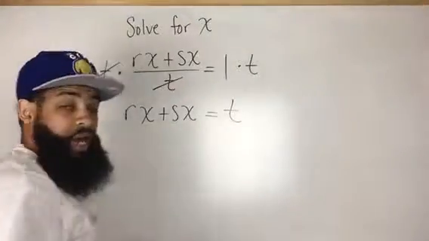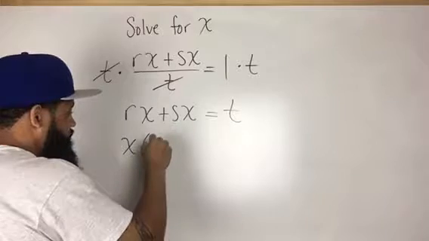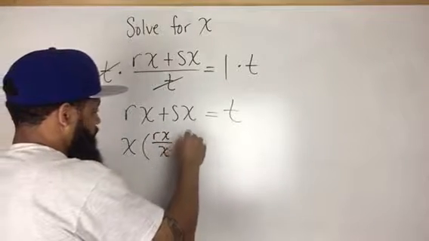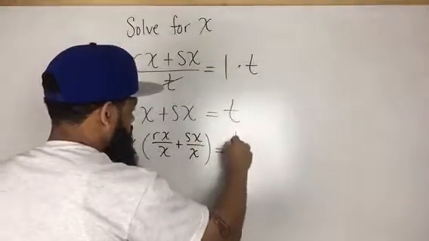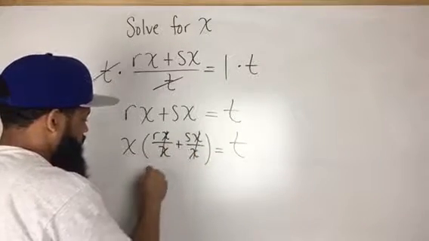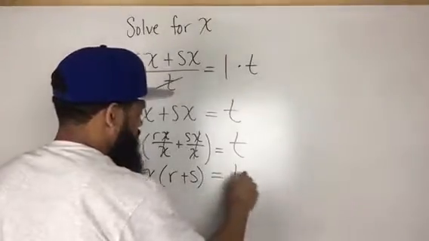They both have an x in common, so I'm going to factor out an x. And when I factor out that x, remember it's rx over x, so we're dividing by the common factor, equals t. Okay, so here, cancel, cancel, so x times r plus s is equal to t.